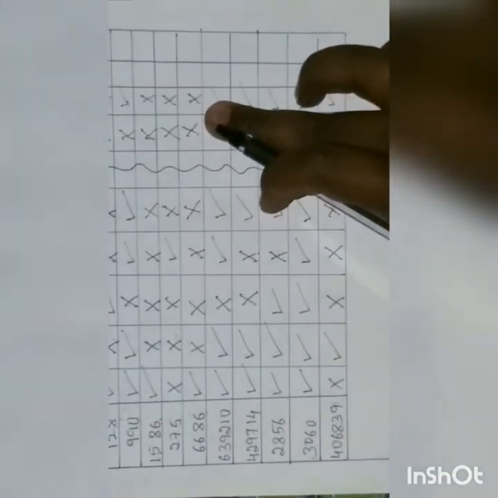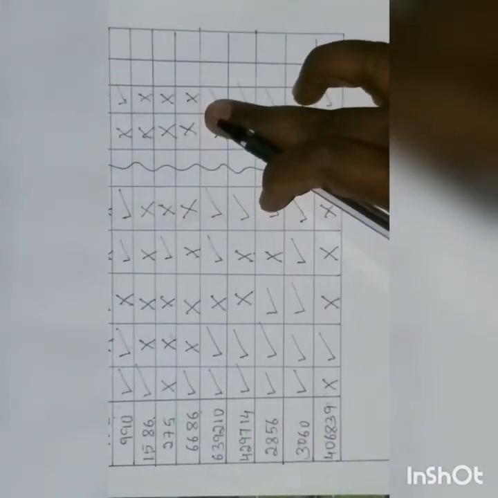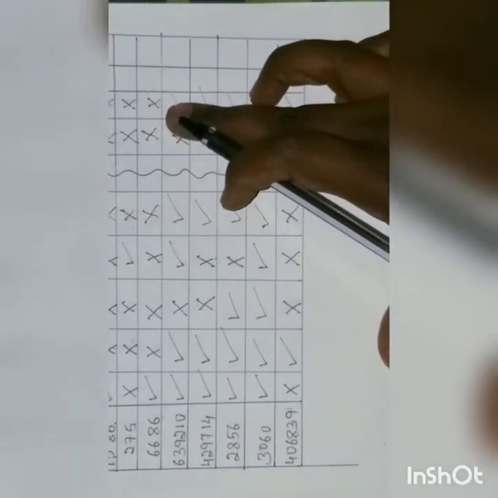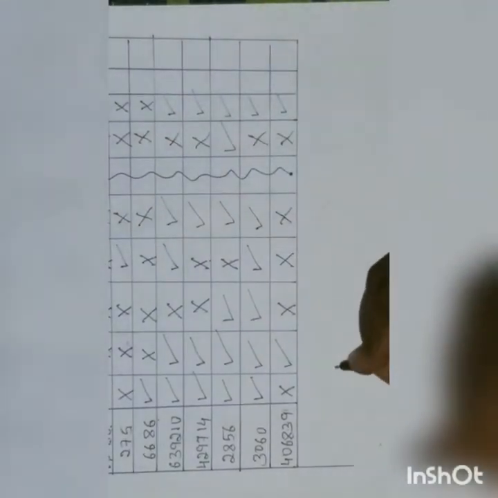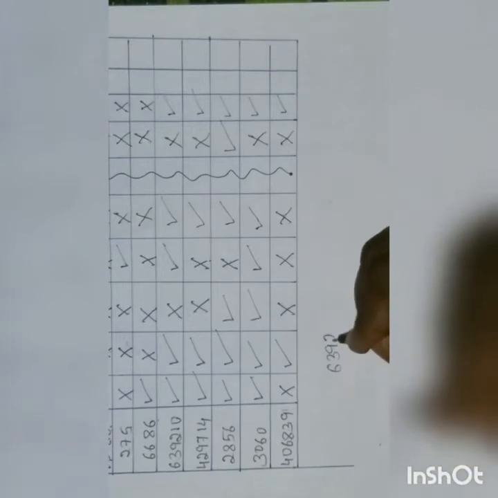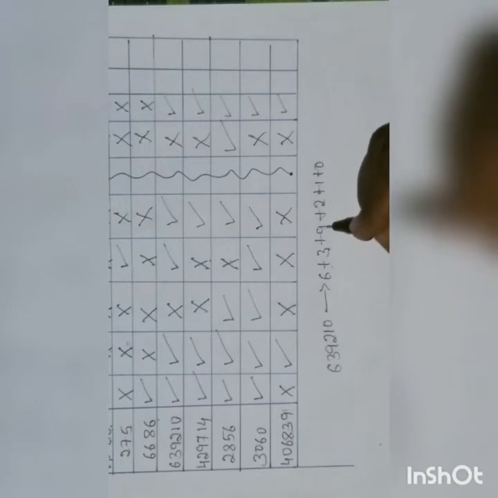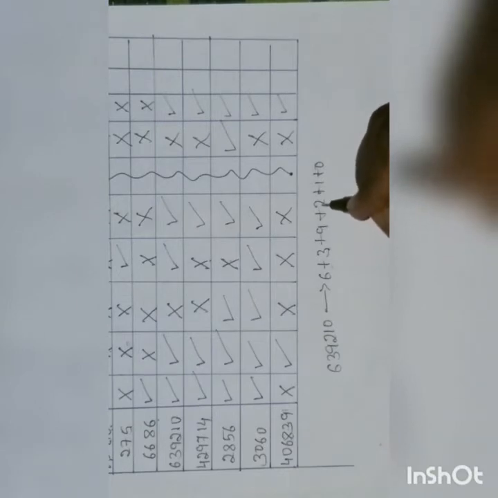Okay, so we will move to the next number now. What is the next number? 639210. First step, I will add the digits: 6 plus 3 plus 9 plus 2 plus 1 plus 0. 6 plus 3 is 9, 9 plus 9 is 18, 18 plus 2 is 20, 20 plus 1 is 21.